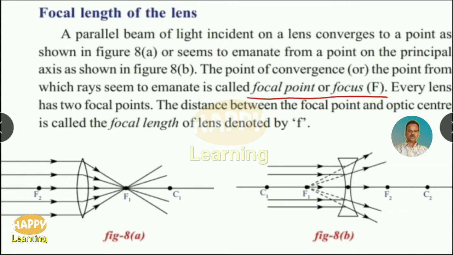So, focal point or focus. Every lens has two focal points. The distance between the focal point and optic center is called focal length of the lens and is denoted by F. So this is the optic center and this is the focus.